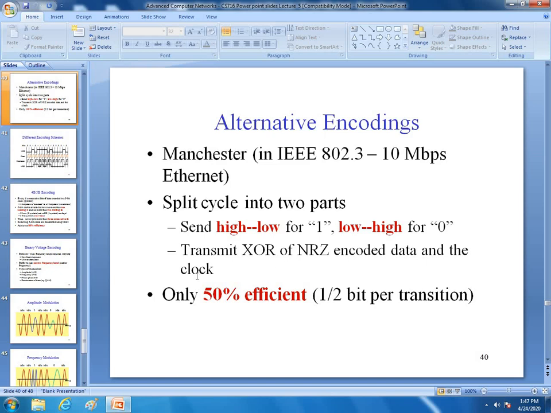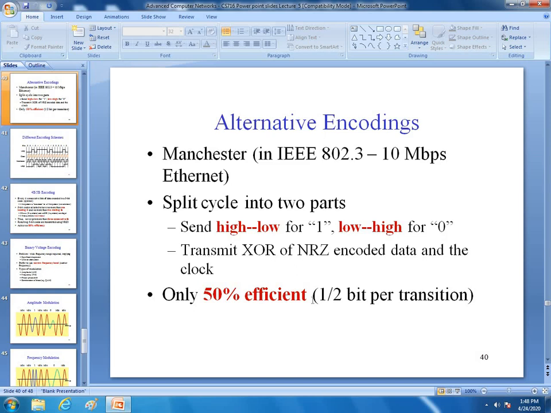We can overcome both problems, consecutive 0s and consecutive 1s, in Manchester encoding, because in this particular scheme you can make a transition at 1, or you can also make a transition at 0. So both bits may be used for making transitions, and you can change the signal state from high to low and low to high in Manchester encoding. Here 1 is used for high to low and 0 is used for low to high.